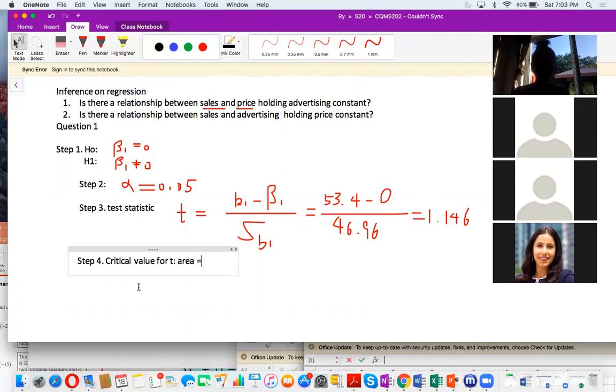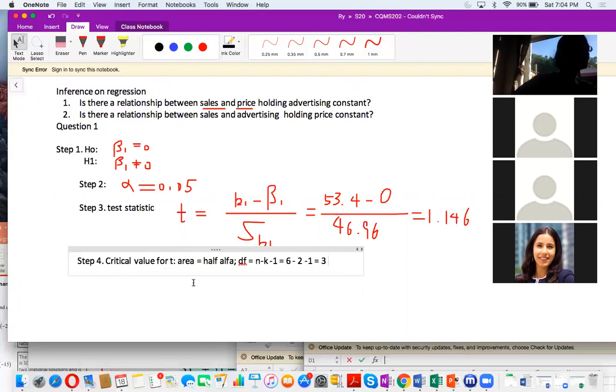You need the area, usually half alpha, and degrees of freedom, n minus k minus 1. In this case, n, the sample size, equals 6, k, the number of independent variables, is 2, so 6 minus 2 minus 1 equals 3. That is your degrees of freedom.